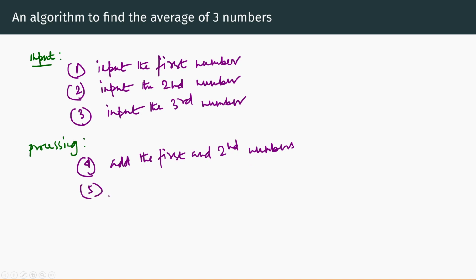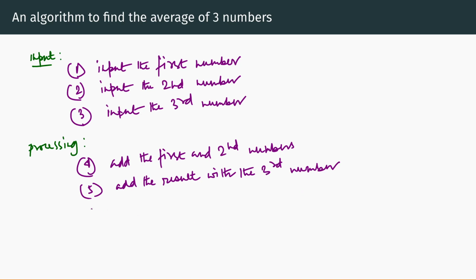Since we could add two numbers only, right? We cannot add three numbers. We only add two numbers. And what we can do is we can add the result with the third number. So add the result with the third number.